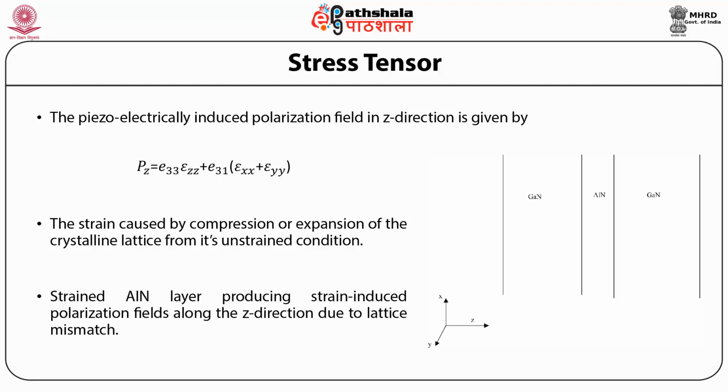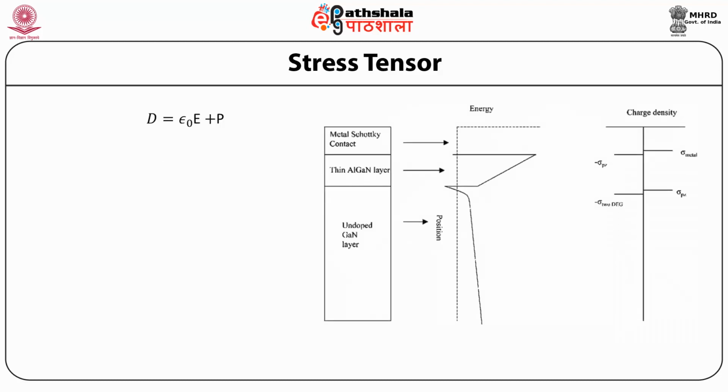So this shows a three-layer system, and here the lattice mismatch of the system is accommodated by straining the thin aluminium nitride layer. The thickness of the aluminium nitride layer should be less than the critical thickness, which for aluminium nitride is about 3 nanometers. A polarization field P is produced along the Z direction.